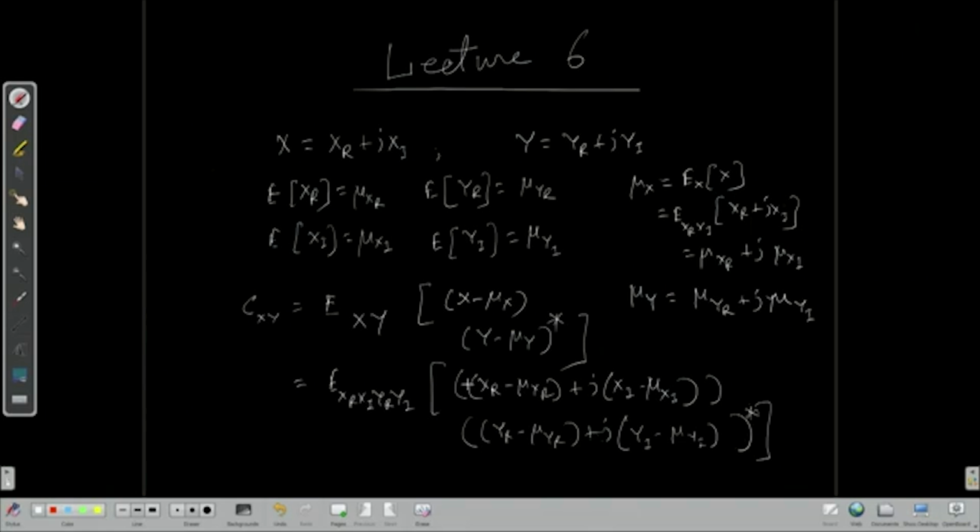So, if x r and x I are highly correlated to y r and y I, then when this is positive and this is positive, this also will be positive. It is going up over the mean, it is also going up over the mean. So, products will give a high positive value and you will have a quantity of high magnitude.